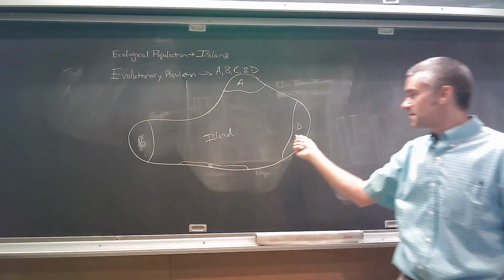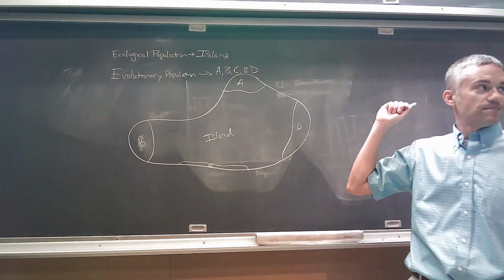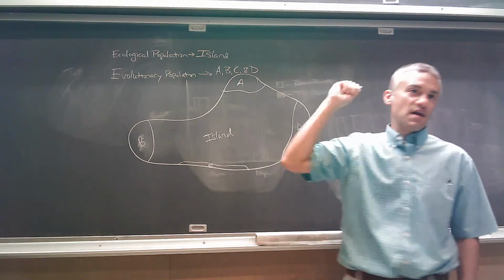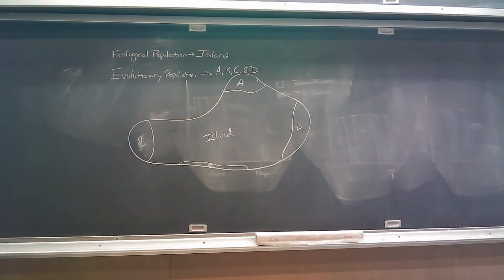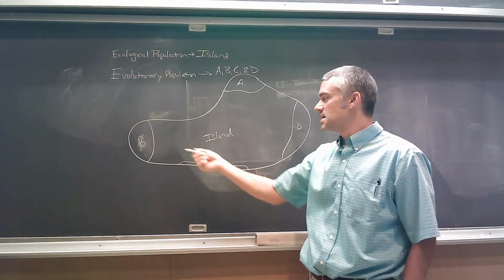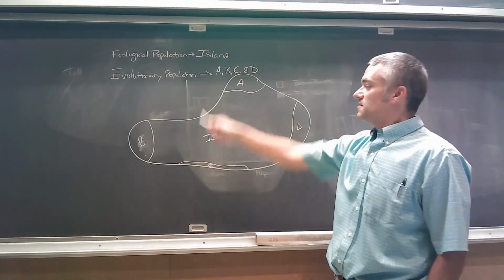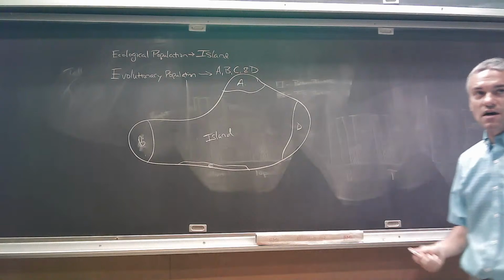B doesn't necessarily randomly mate with D. B doesn't randomly mate with A. A doesn't randomly mate with C. So we've got our demes set up. Each of these would be a deme, but the island itself represents our ecological population.